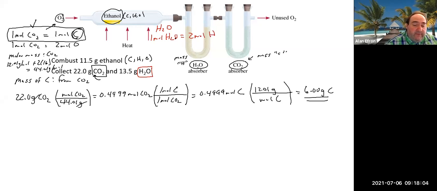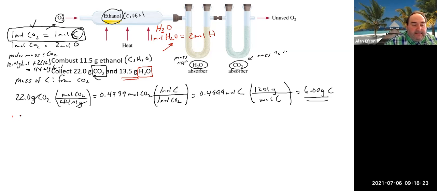So again, we're using our formula here as a conversion factor to go from moles of the whole thing to just moles of the hydrogen. Same thing as we did with the CO2, though, we do need to convert this into moles of water first in order to use this conversion factor.